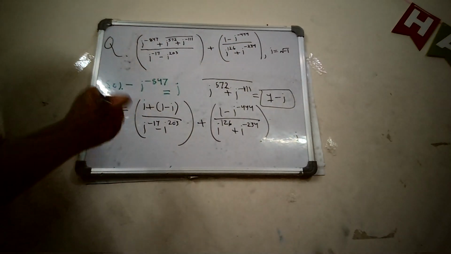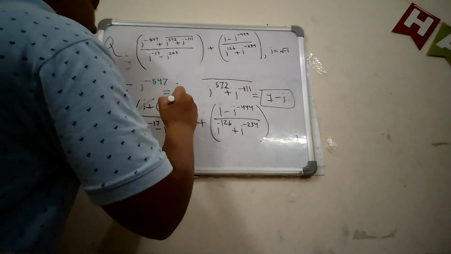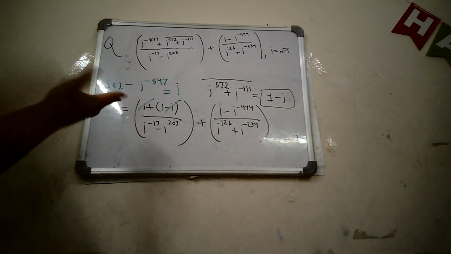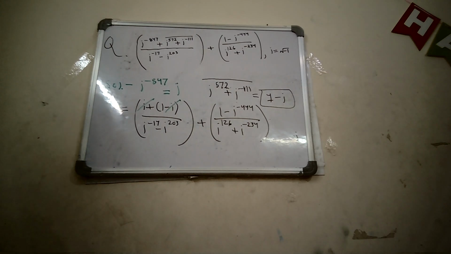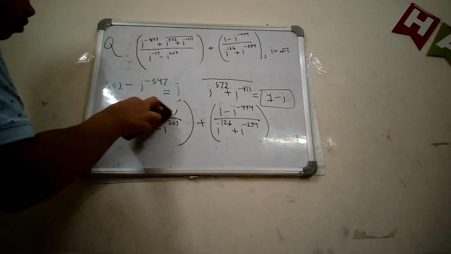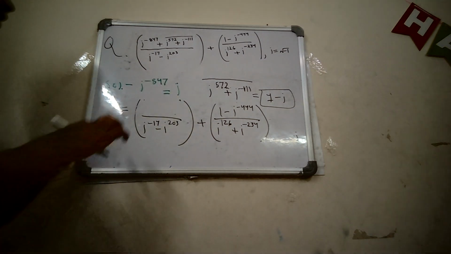I, negative I. Cancel! Amazing. Look at this. We successfully simplified the expression. I and minus I cancel out, and this is just 1. Okay, nice. So this is 1.